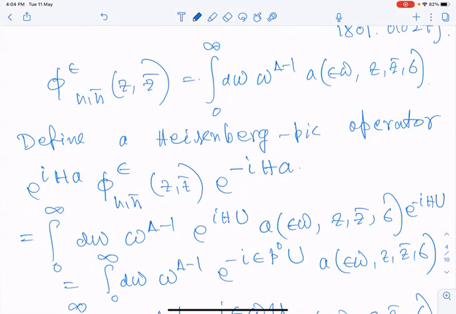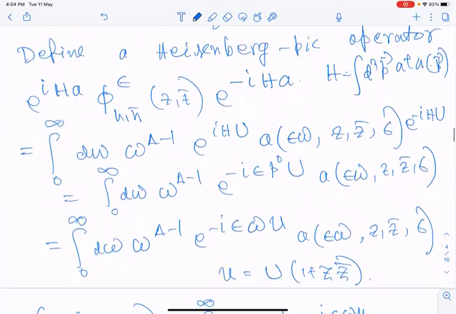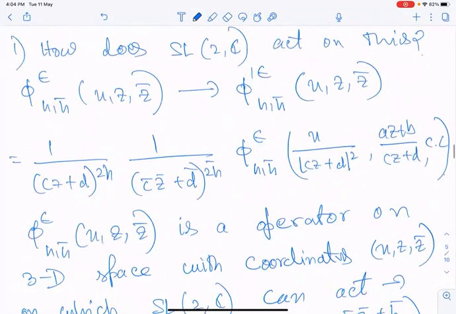So once I have the H, once I have the A dagger, I can define my H. So this is just the integral d^3p A dagger A. Then I define e to the power iHa times phi times e to the power minus iHa, and this is just the Heisenberg picture thing. Okay, and then actually you do all these things. Now I can try to see how SL(2,C) acts on these fields. Right, I got your point.